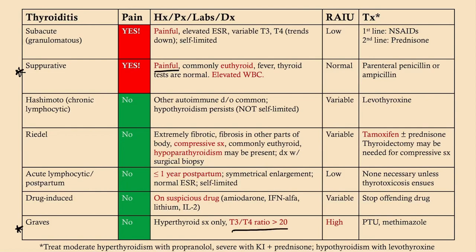So all of this I went over. You can pause this and print it out if you want. I'll just quickly, though, bring up on the bottom here, any hyperthyroidism, you can treat with propranolol to help with the symptoms. If it's very severe, treat it with potassium iodide and prednisone. And if you're dealing with hypothyroidism, obviously treat it with levothyroxine.